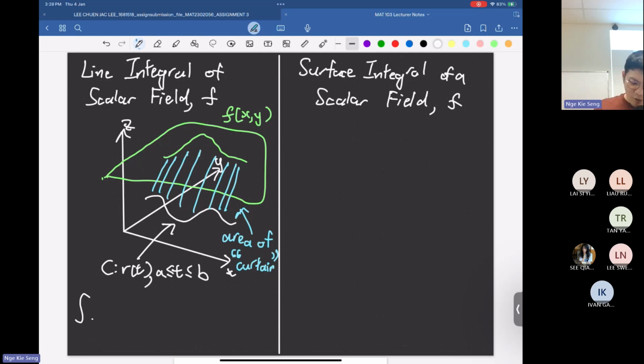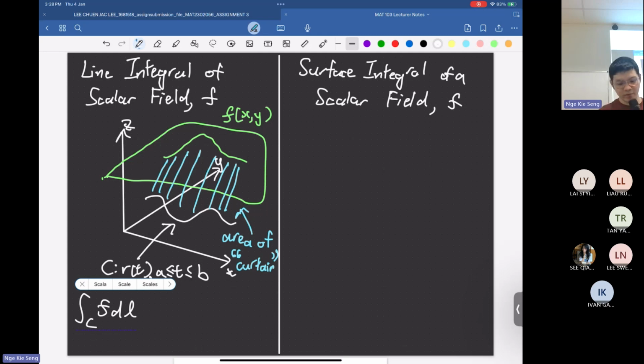It is integrating over the curve the scalar field, and then the change in length. But you see, this integral here is not the usual integral we know, right? We need to do it on the real axis. This curve is curvy. How to do the integral?